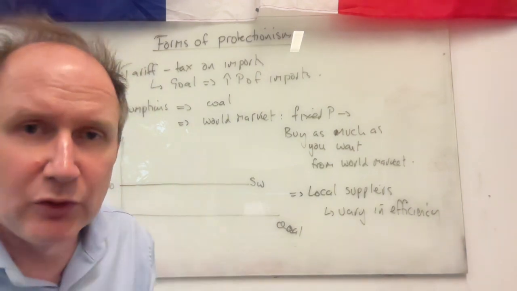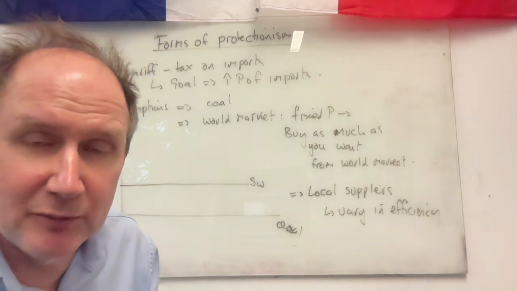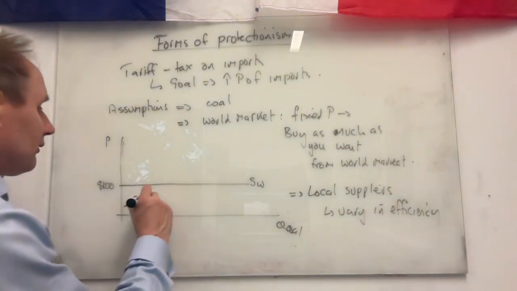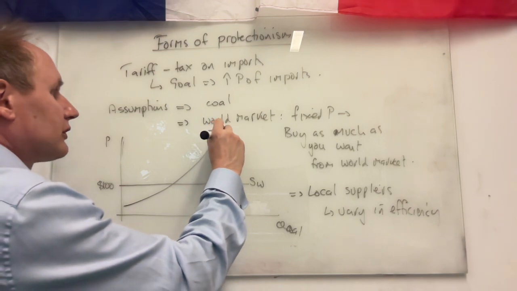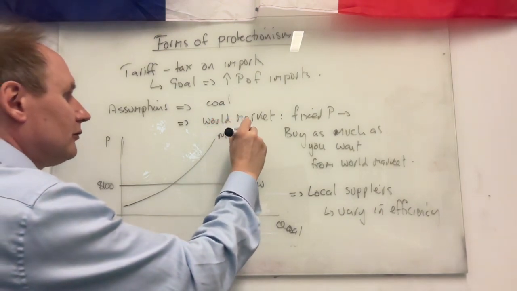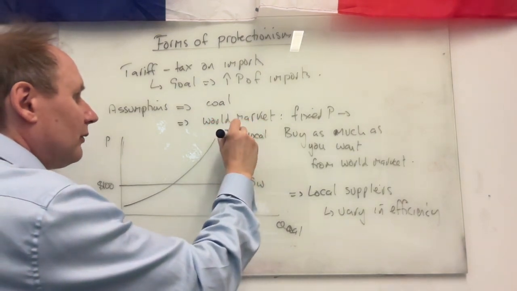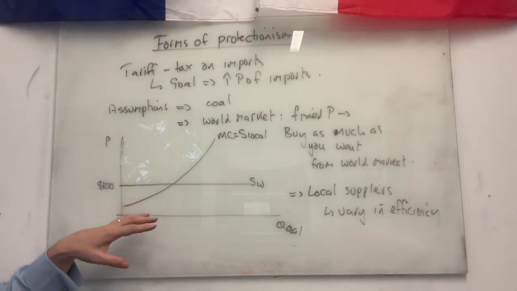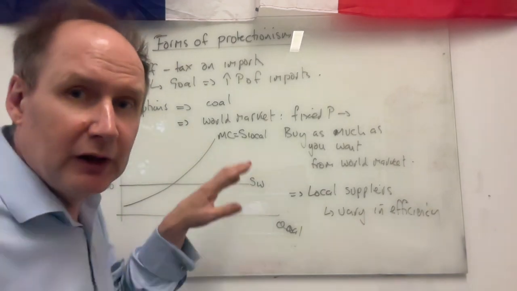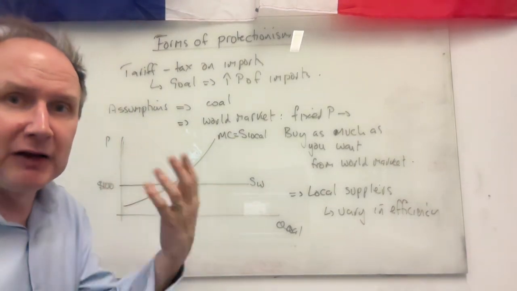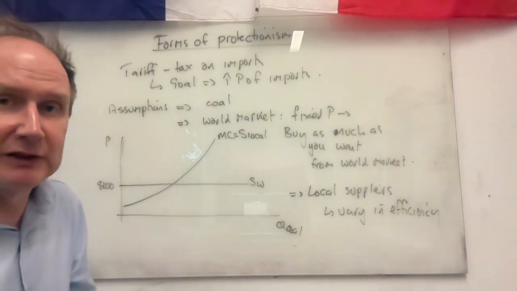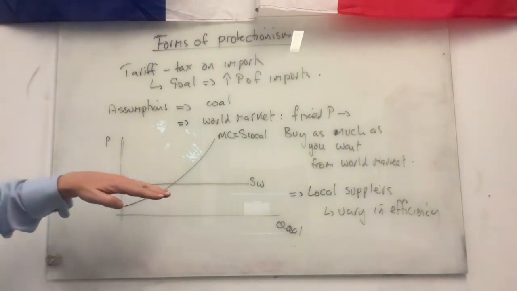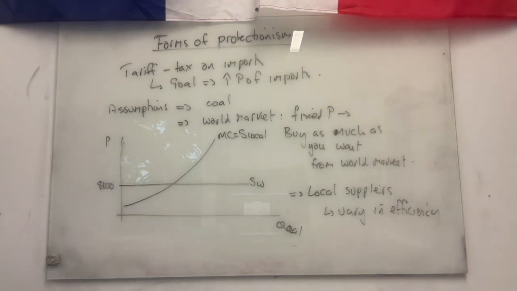There are some where the coal is like 10 miles underground, and that's going to be really expensive to get out. So the marginal cost of local coal is like that. Some firms are really efficient and have low cost, easy to produce coal. Some firms are really inefficient and have high cost coal that isn't going to be able to really compete on world markets. So you could have as much coal as you want at a price of $100.